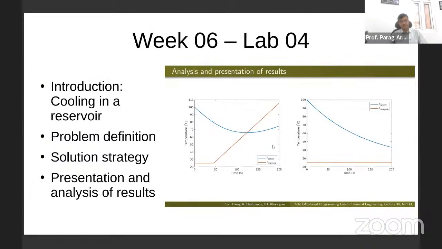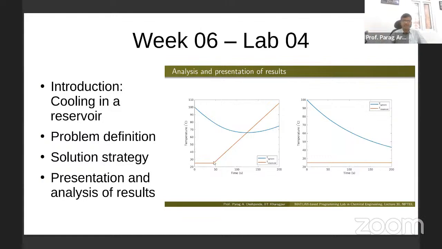Next, a very interesting problem. When the reservoir temperature itself changes. On the right side, you see the red curve, the flat horizontal curve, which shows that you have constant reservoir temperature, and when the reservoir temperature is constant, the sphere temperature keeps dropping monotonically.